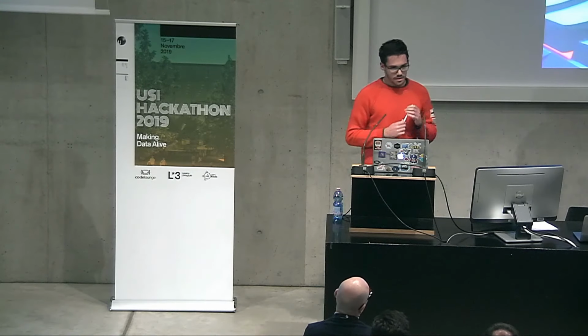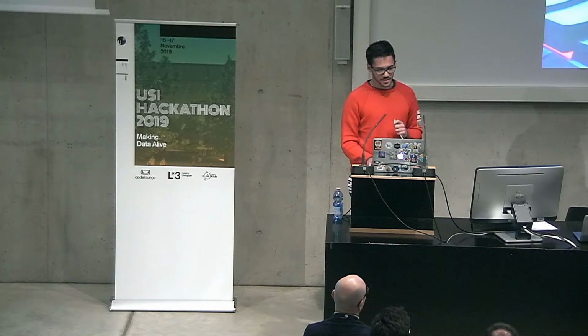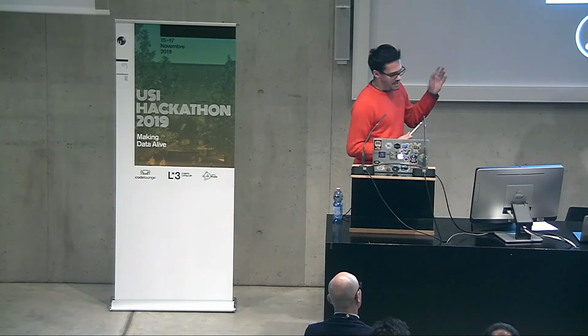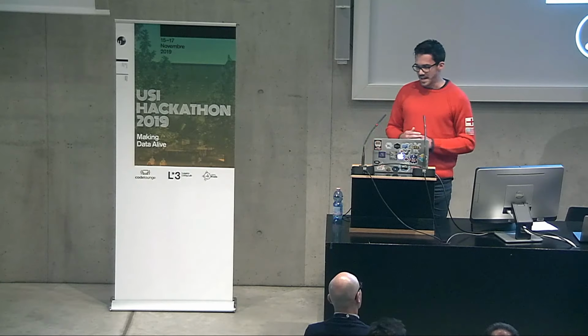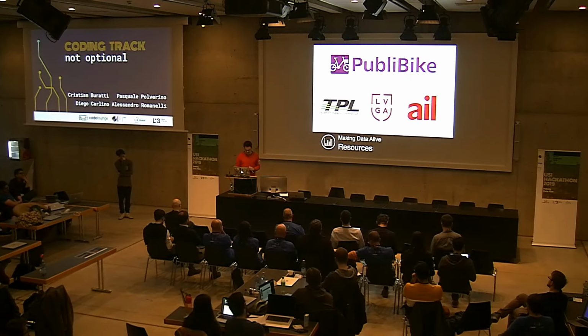So before I give you a short demo, let's just talk about which technology we used. Those were the database technology provided by Elasticsearch, Node.js for the backend, and React.js for the front end. On a smaller note, we also used Python to digest the amount of data that was gently offered to us.